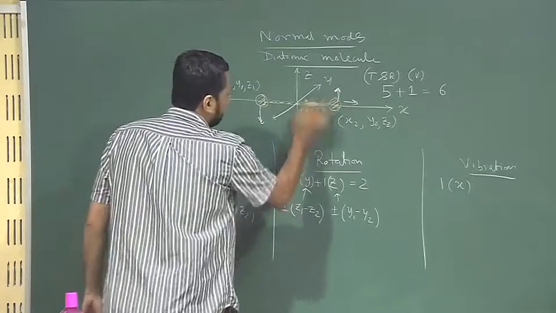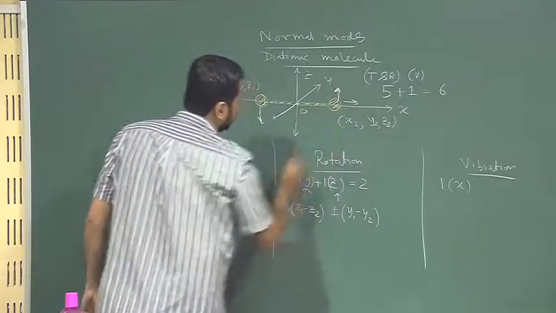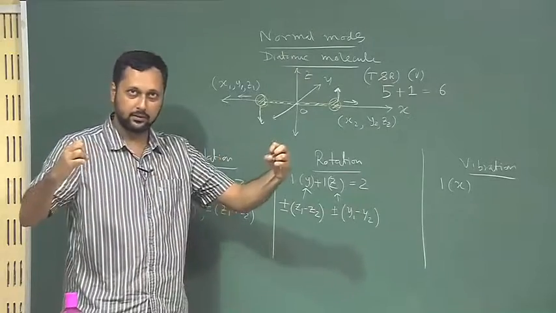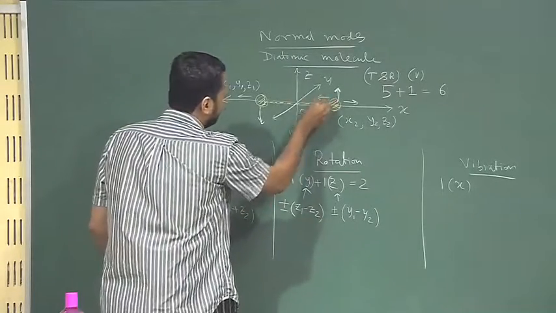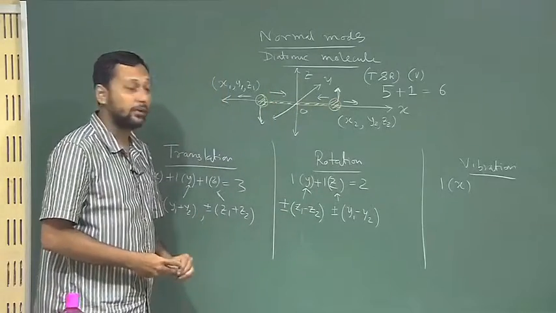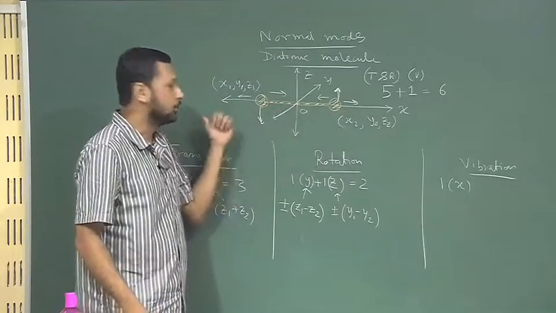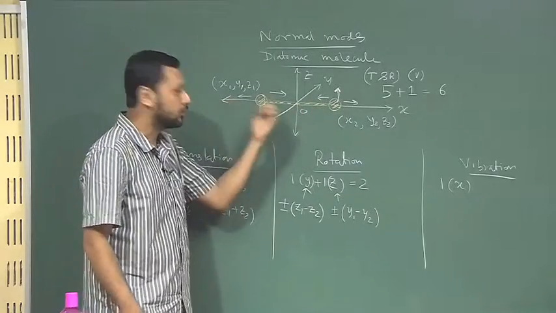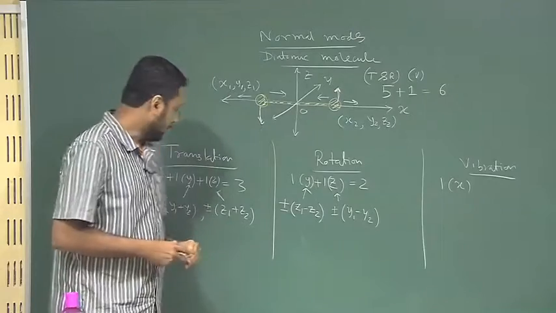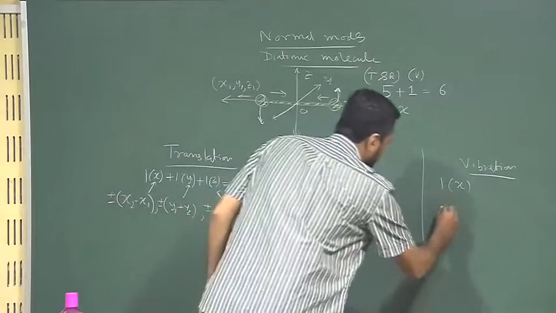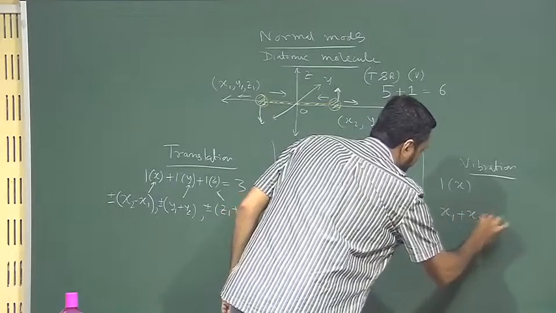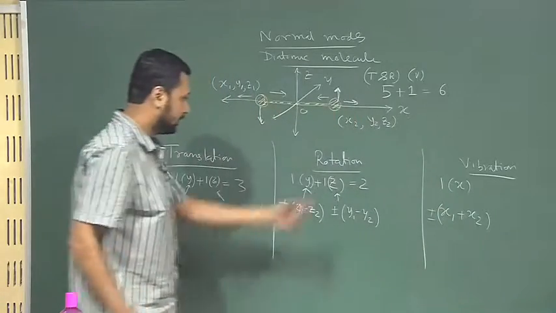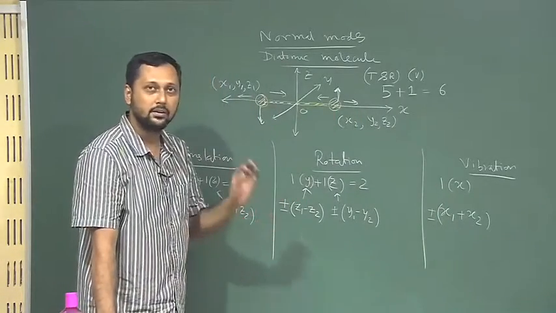If this mass goes in one direction, the other goes in the other direction, and then they come out at the same time. So, when x2 is gaining, x1 is also gaining. When x2 is losing value, x1 is also losing value. So, if we take the combination x1 plus x2, what will it give you? It will give you the vibration.